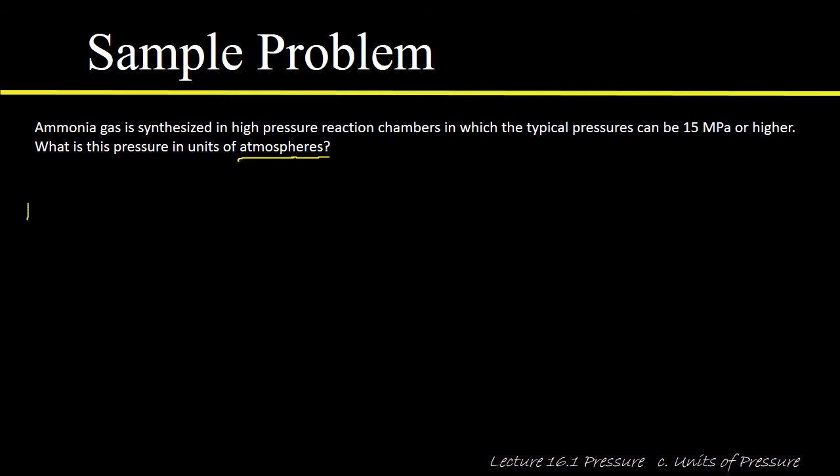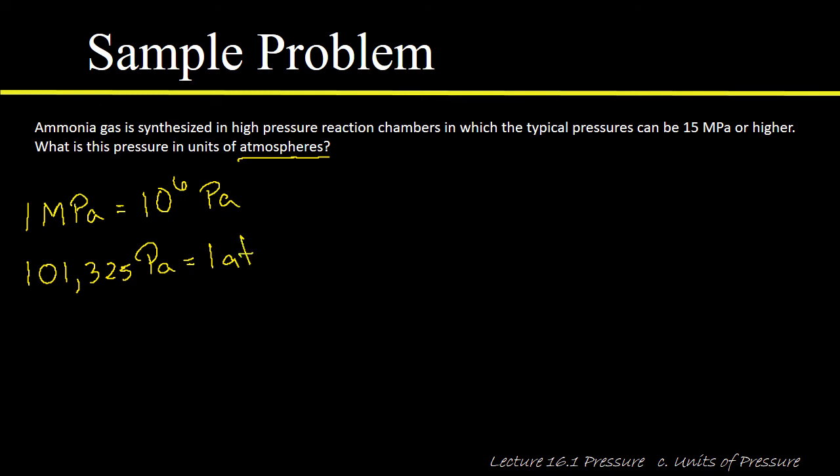We know, based on our metric prefixes, that 1 megapascal is equal to 1 million, or 10 to the 6th, pascals. We also know that there are 101,325 Pascal in 1 atmosphere.